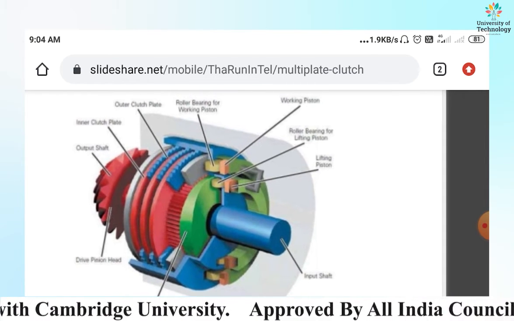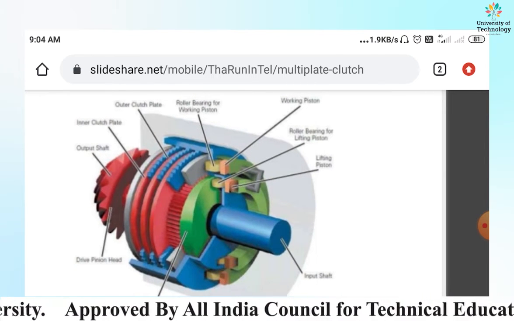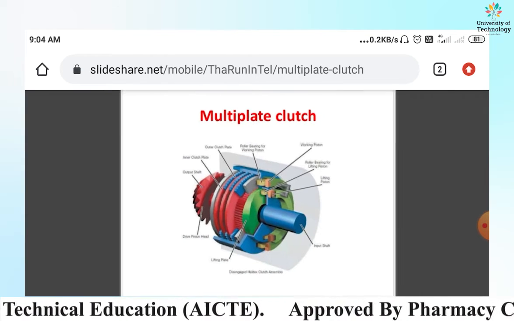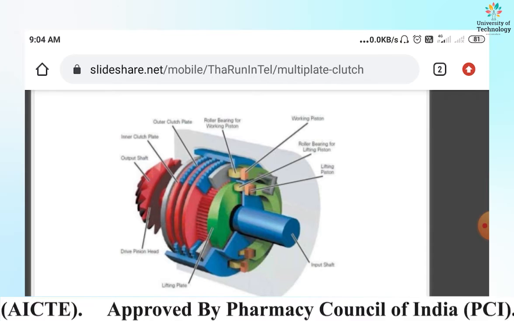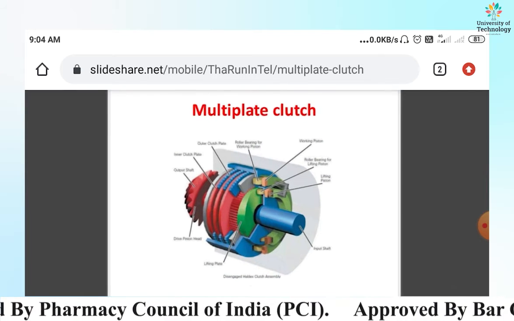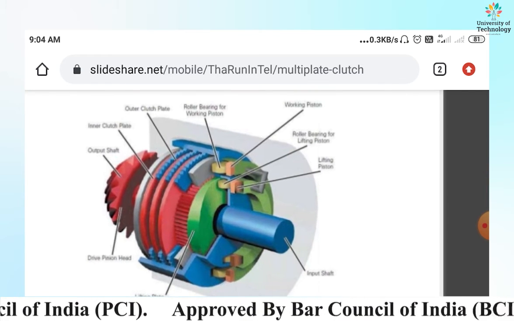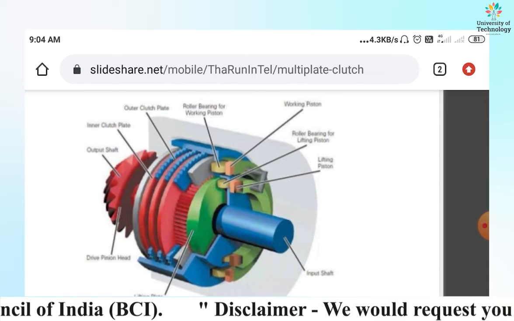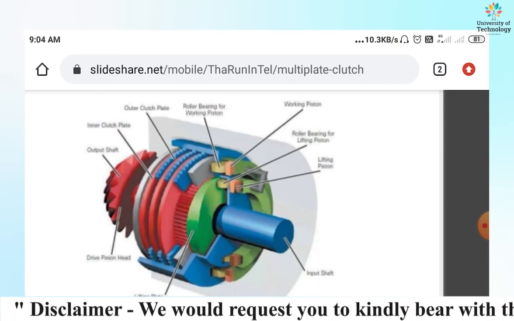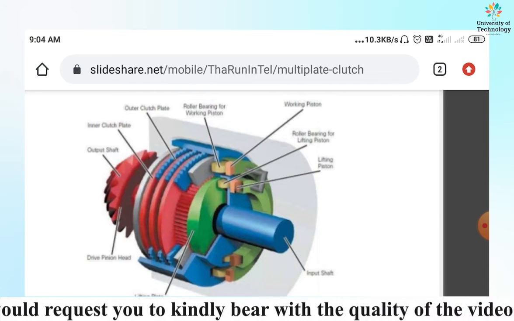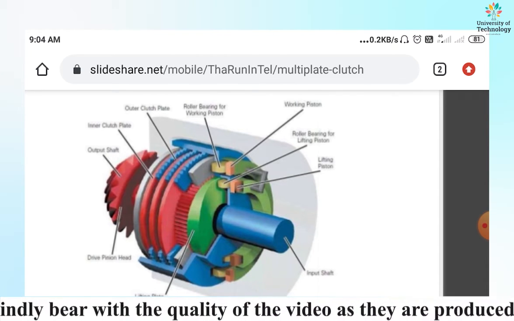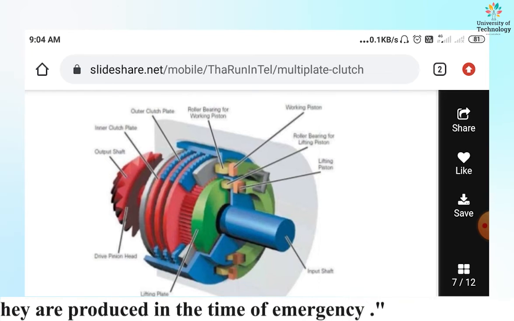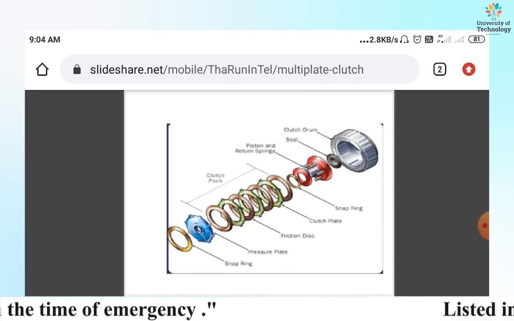That is input shaft, output shaft, drive pinion head, lifting plate, and working piston, roller bearing for lifting pistons, roller bearing for working pistons, and outer clutch plate, inner clutch plate, etc.